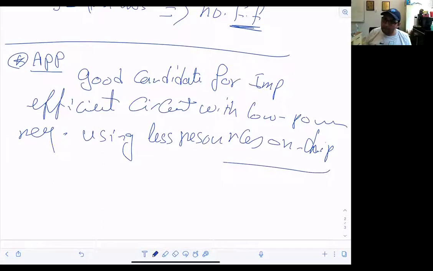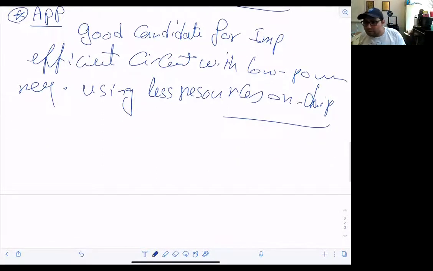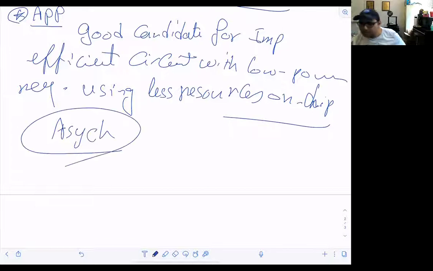Okay, and you can actually build something that's called an asynchronous state machine using the Mealy. You can also do synchronous, but we can talk about what synchronous is later. Anyway, so far, is it clear what is Mealy?